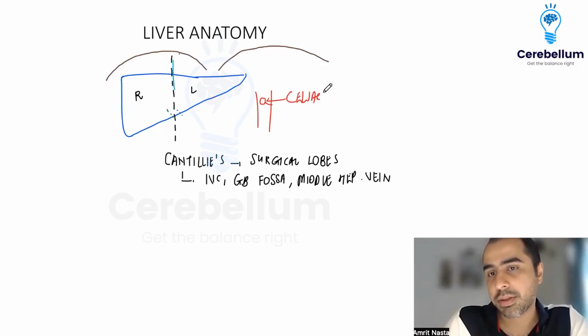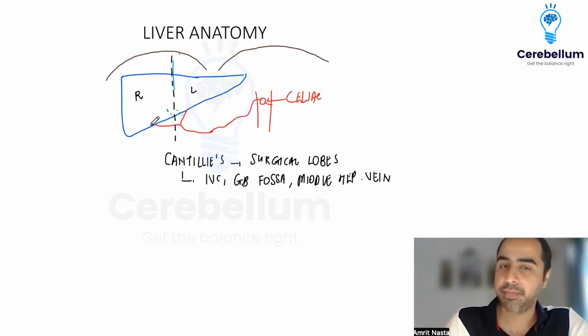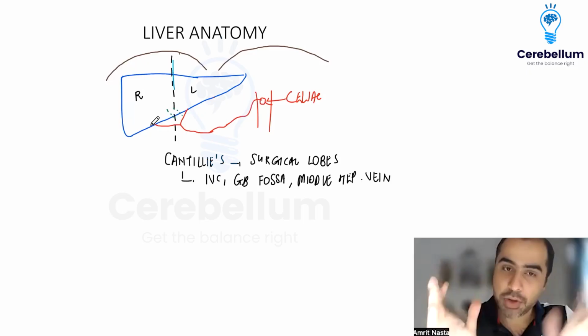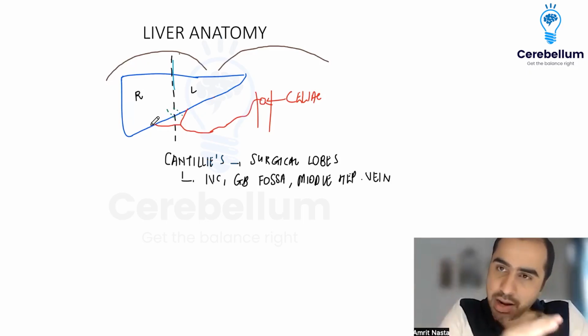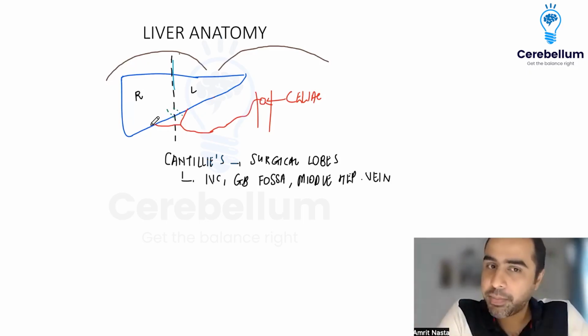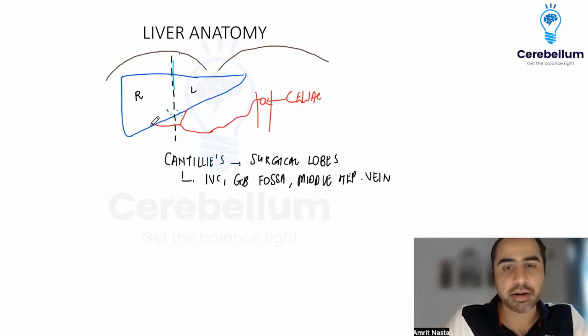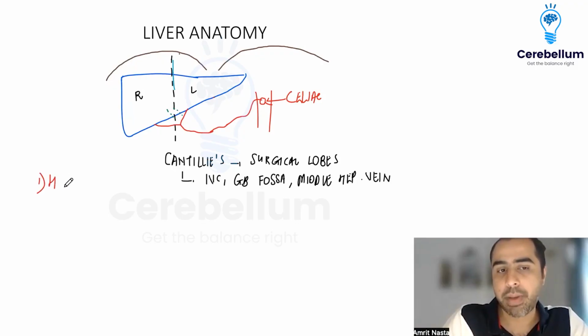It gives one artery, the common hepatic artery, which divides into left and right. The left lobe gets the left hepatic artery and the right lobe gets the right hepatic artery. So one of the dividing reasons is the hepatic artery.